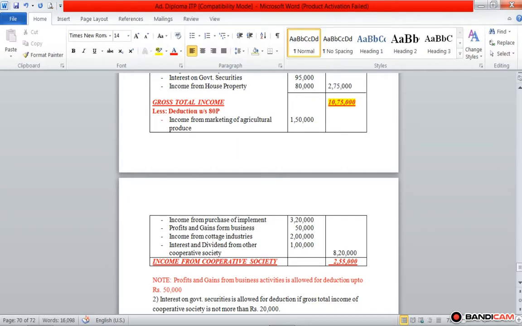Got it? If the gross total income is not more than 20,000, then interest on government security is allowed for deduction. If the gross total income is more than 20,000, then interest on government security is not allowed for deduction. Got it?